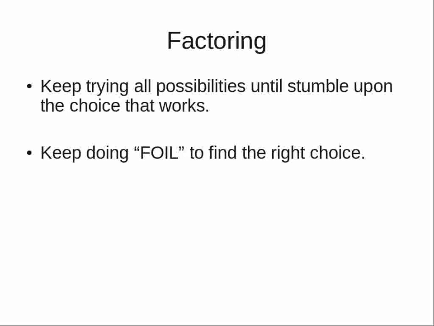That's the middle term is what's difficult to get. So you try all combinations of all pairs until FOIL gives you that middle term. After you do this enough and this becomes ingrained, you will see patterns. You will be able to do more of it in your head. You'll be able to zero in faster on pairs of integers that have the best possibility of getting that middle term. Okay?